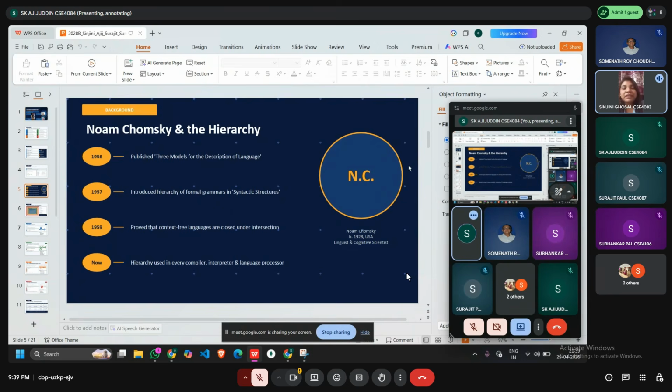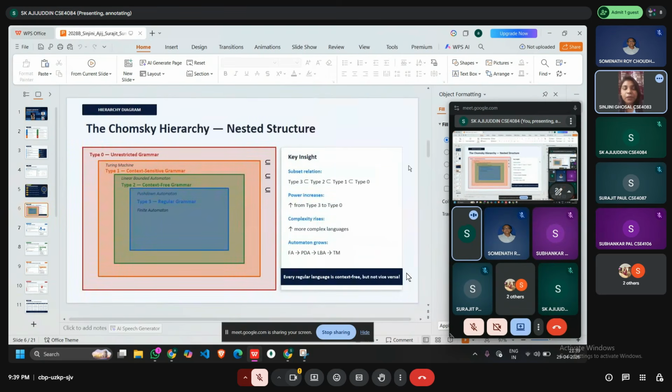So from slide 6, here we can see that there are a total of 4 types in the Chomsky hierarchy according to the diagram. Type 3 is regular, type 2 is context free, type 1 is context sensitive, type 0 is unrestricted. Here comes the relation.